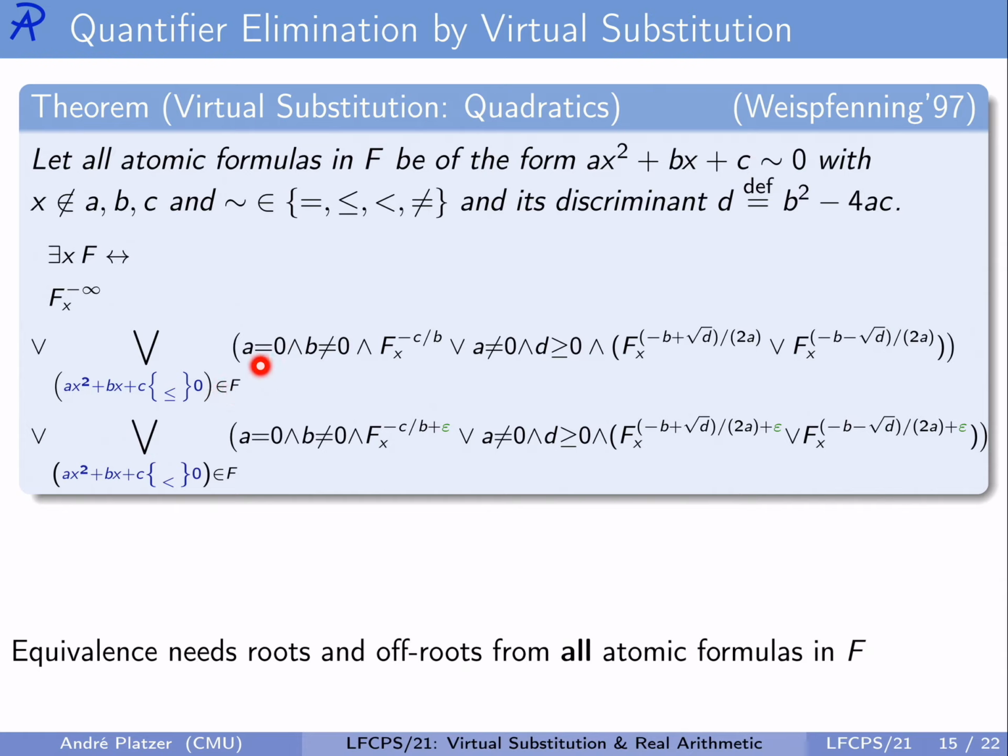So if it was really a linear equation or linear inequality, so a equals 0 but b wasn't, then we plug in the linear solution. Or if it was properly a quadratic one, so a isn't 0, but the discriminant, b squared minus 4ac, says that a solution exists at all, then we plug the positive or negative square roots into this. So exactly minus b plus square root of this d over 2a, or minus b minus square root of the d corresponding to this over 2a.